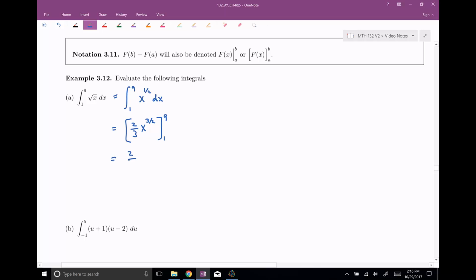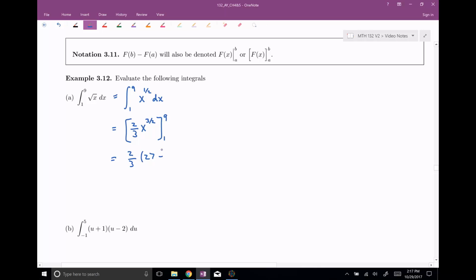So I'm going to have 2/3, and when I plug in 9 into the 3/2 power, remember, you have to cube this and raise it to the 1/2 power, but the order is up to you. So if I raise it to the 1/2 power first, 9 to the 1/2 power is the same thing as the square root of 9. That's going to be 3. Now, if I take that and cube it, 3 cubed is 27.